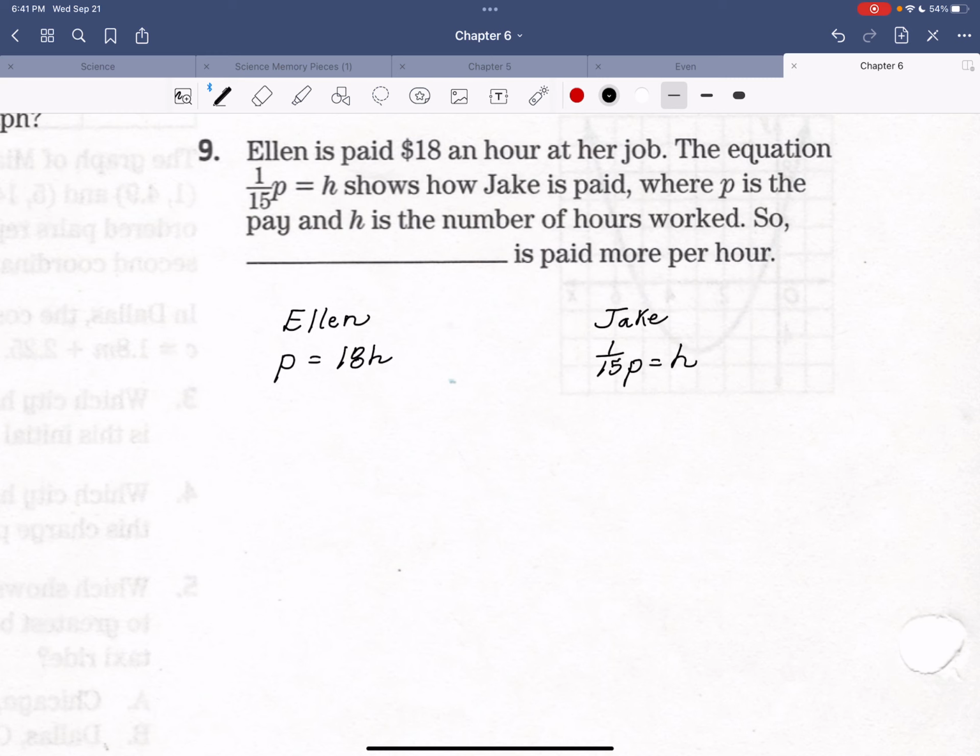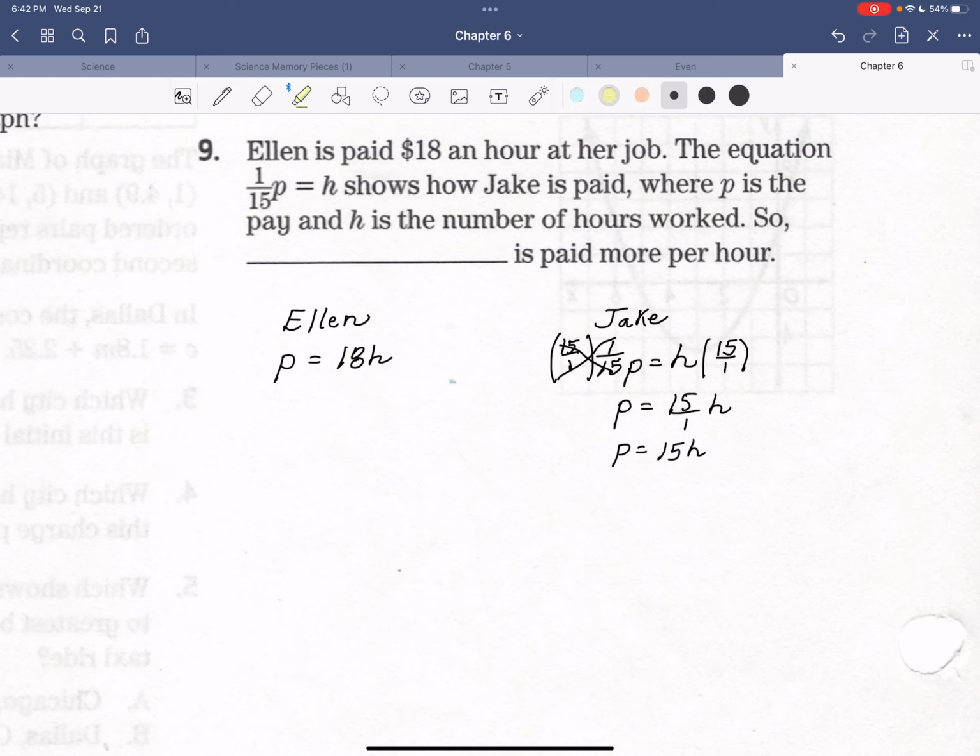So I'm going to move that 1/15 by multiplying the reciprocal. Cancel. So his pay is 15/1, or $15 per hour.